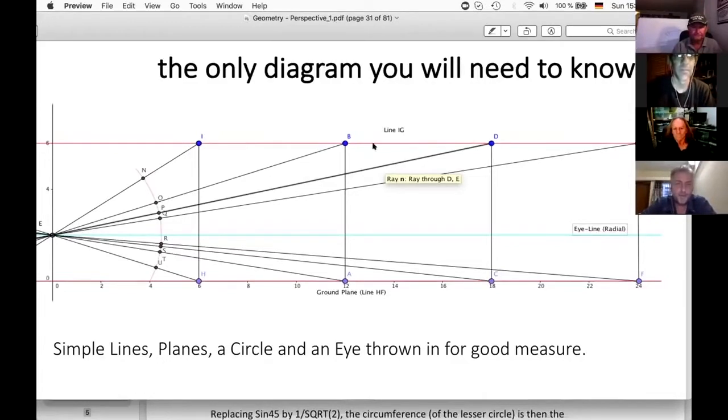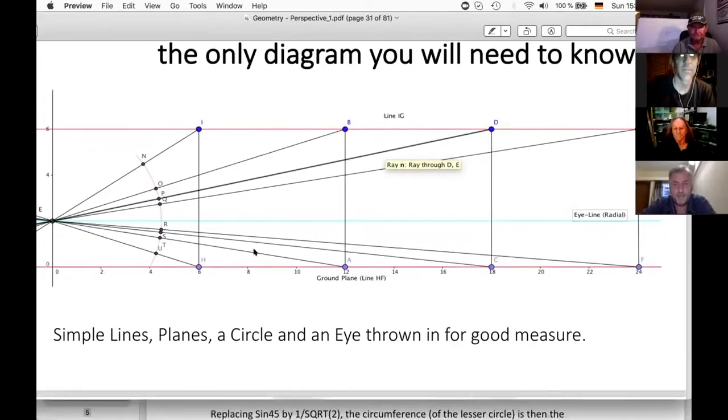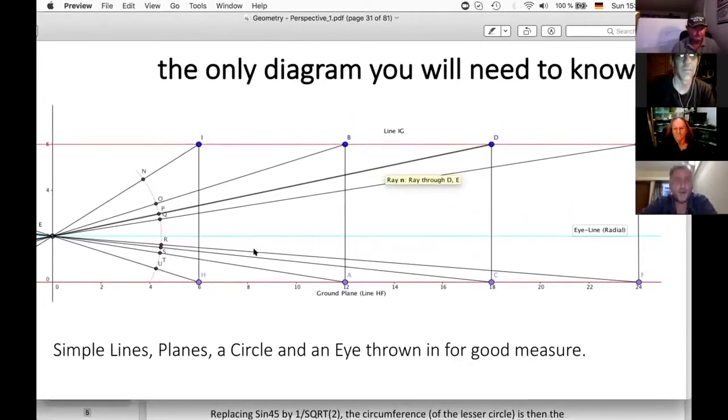The 2 red things could be 2 parallel railway lines. And this diagram is available to explain all of these phenomena, why things disappear bottom up and everything. So I always felt that this was the one diagram that everybody should understand.